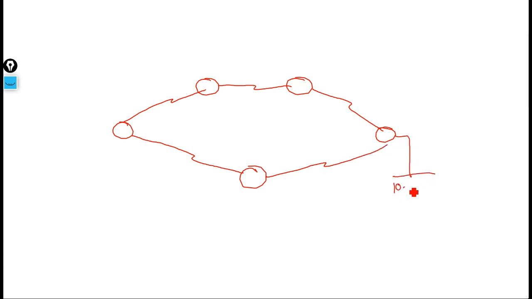Some network is here. Let's say this is your router 1, router 2, router 3, router 4, router 5.